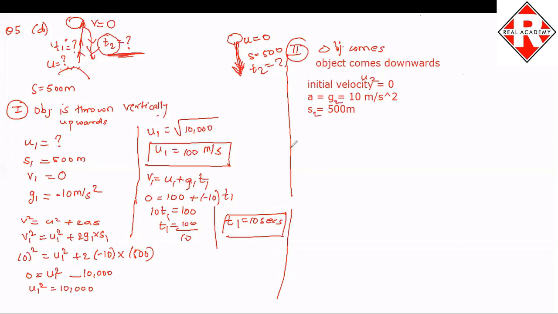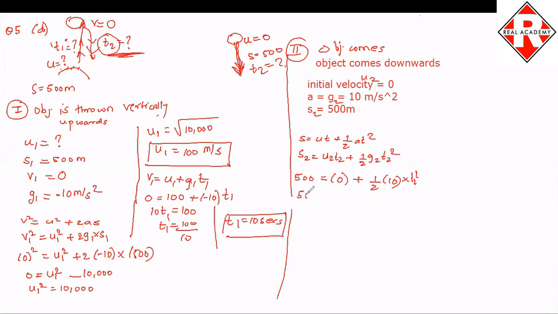So I can apply the kinematical equation s equals ut plus half at square. S2 will become u2 t2 plus half g2 t2 square, since we are considering the second case. When the object is falling downwards, it will travel the same height, that is 500 meters. U2 is 0, so the whole term will become 0. Half into 10, g2 is 10, t2 is to be found.